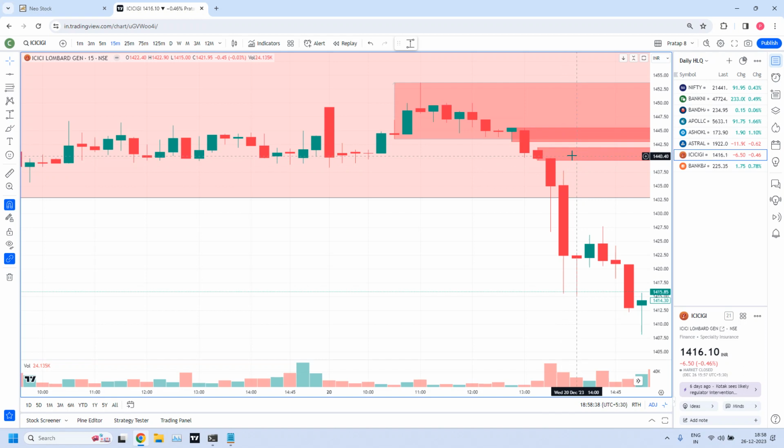Maybe somewhere here till the distal line of the zone there could be heavy order flow. Sometimes institutions might have kept some order flow from where the rejection started to somewhere in the middle of this zone.